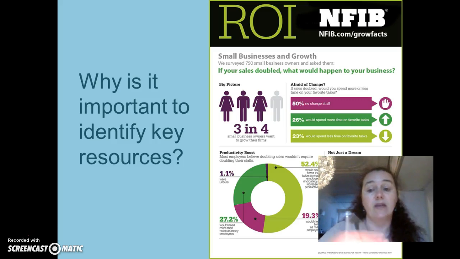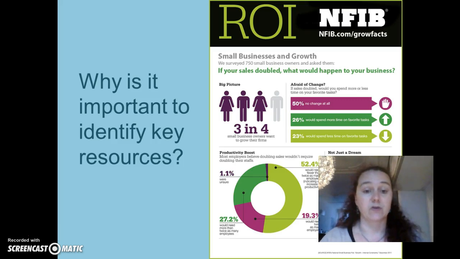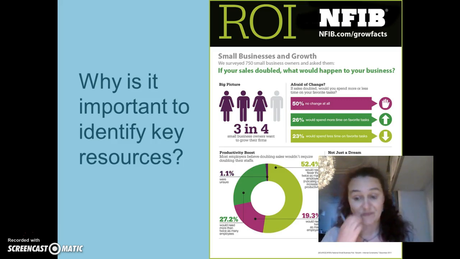If for delivering your value proposition you have a one-on-one relationship with human resources, that would mean you would hire twice as many people. But if you're producing something and you just let your 3D printer or your injection molding machine run at double speed, double capacity, then there's a lot less that you need to do to double sales. So it is very important to know how your key resources relate to delivering your value proposition.